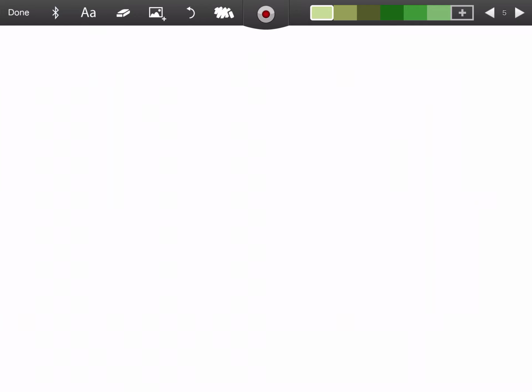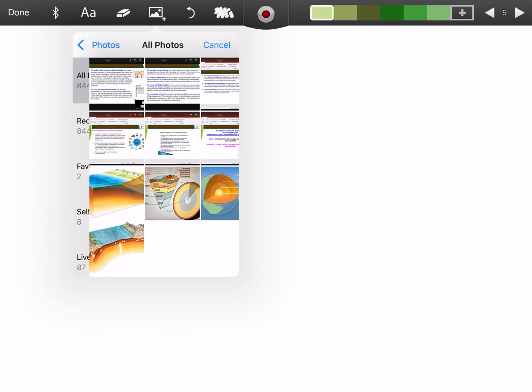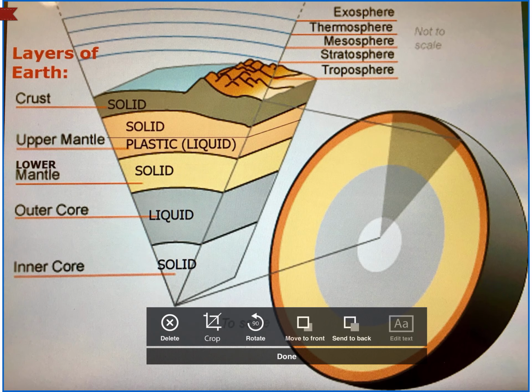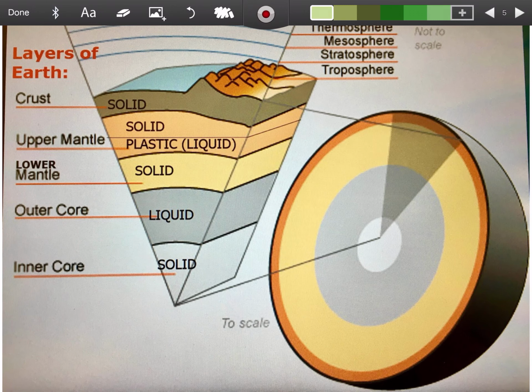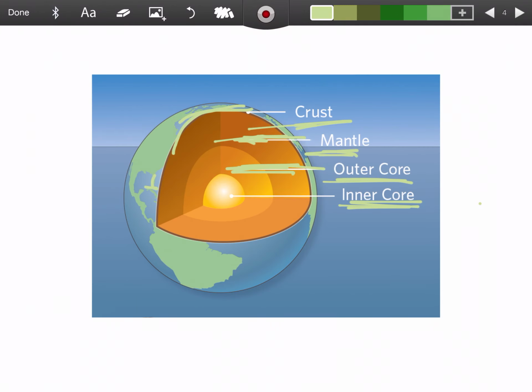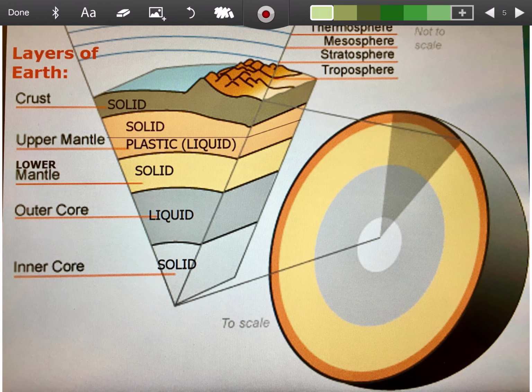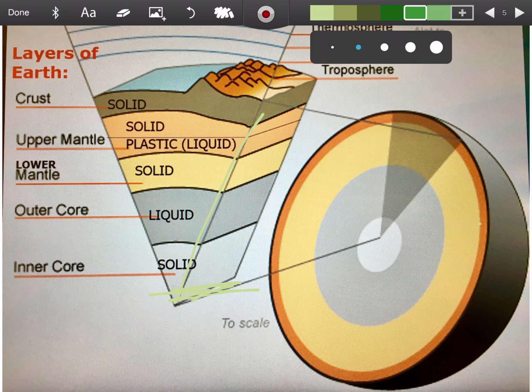Now another visual. This visual is very detailed. The ones I showed you before are simple and easy to understand, but this one is more detailed, and I'm going to explain it. There are layers under the earth's surface. First is the solid, and then we have liquid over here.